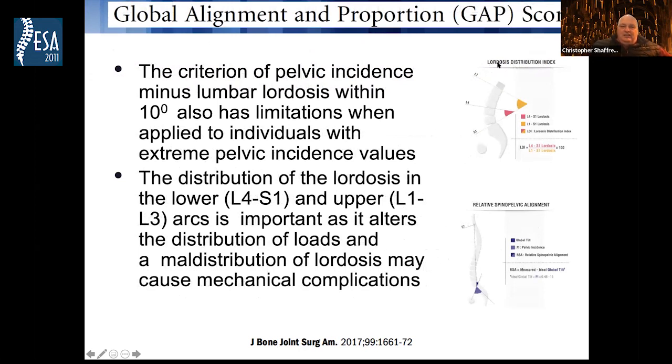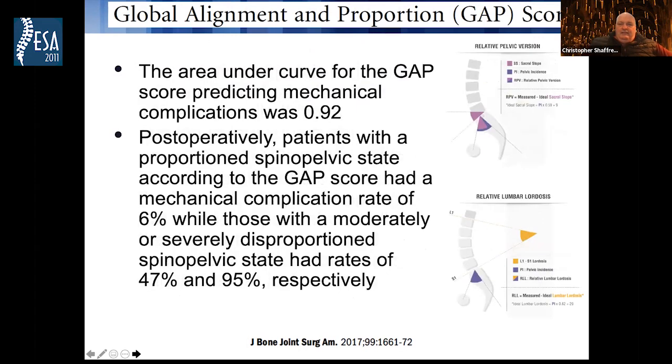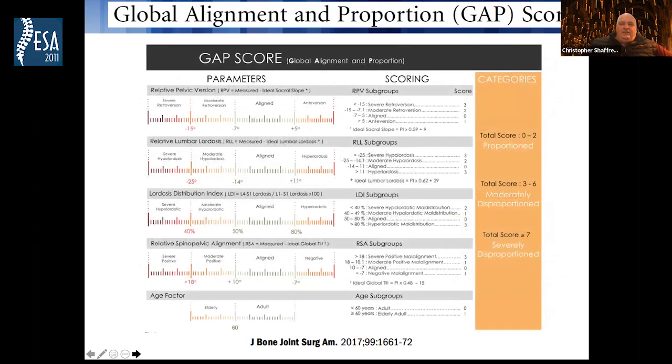It does the relative pelvic version, the relative lumbar lordosis, and all of these factors result in this GAP score analysis. And what has been shown is that if you have a well-aligned spine by the GAP score analysis, you are likely to have a much lower incidence of proximal junctional kyphosis and failure.